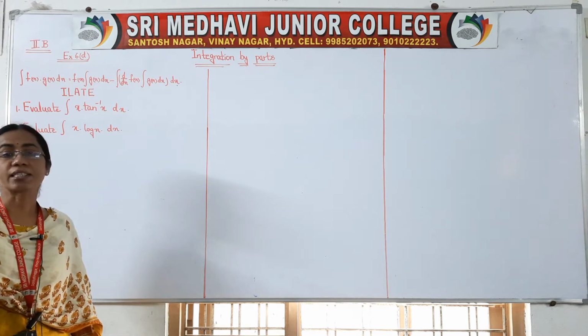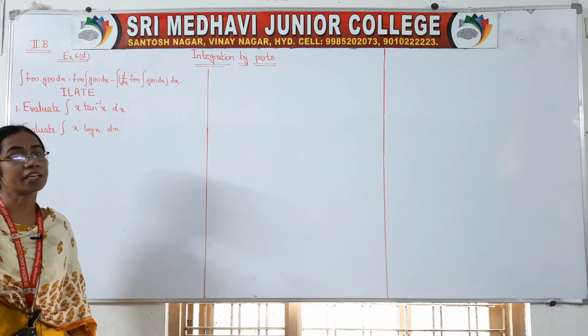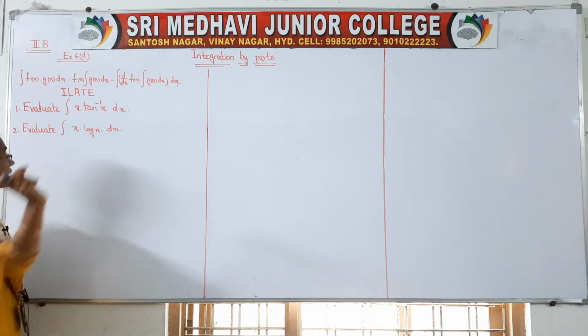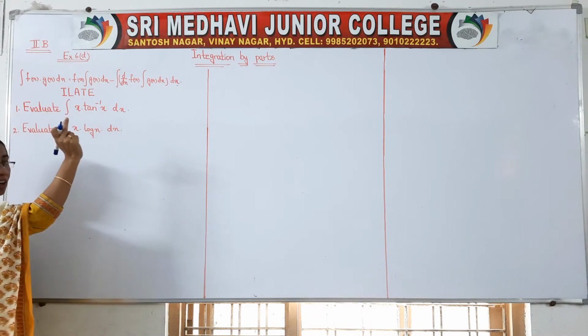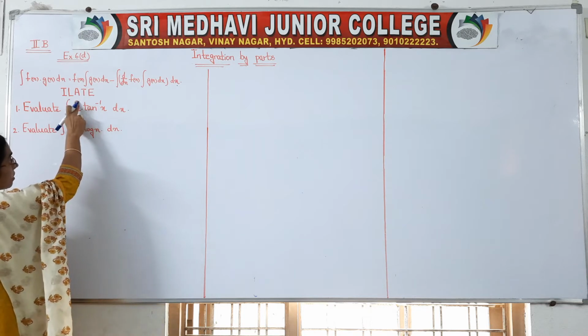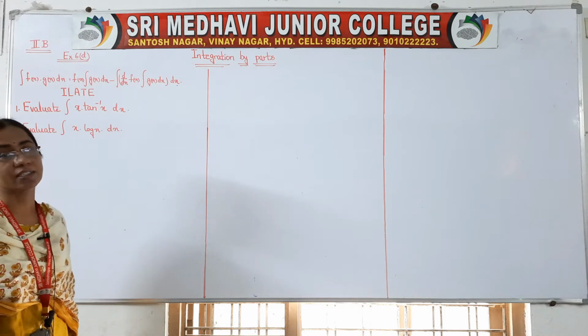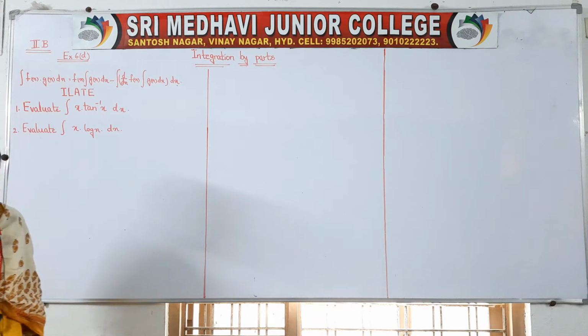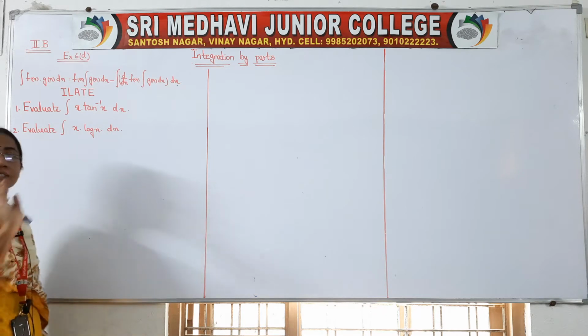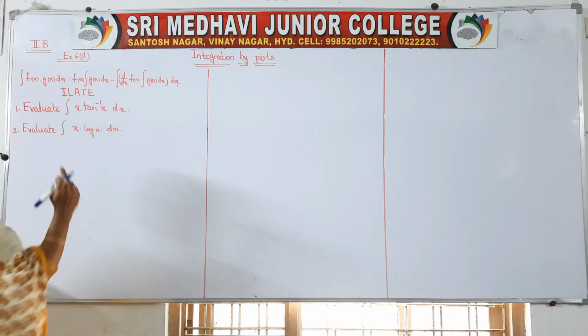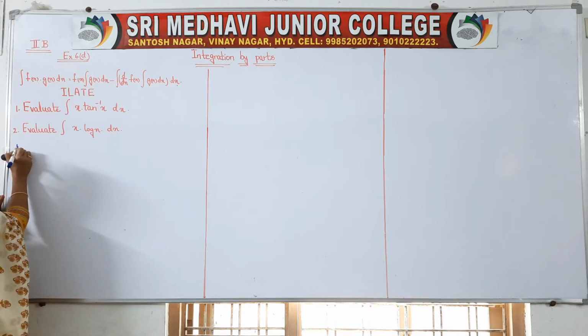What is that? ILATE. I represents inverse, L represents logarithmic, A represents algebraic, T represents trigonometric functions, all the ratios: sin x, cos x, tan x, cosecant, secant. E represents exponential.